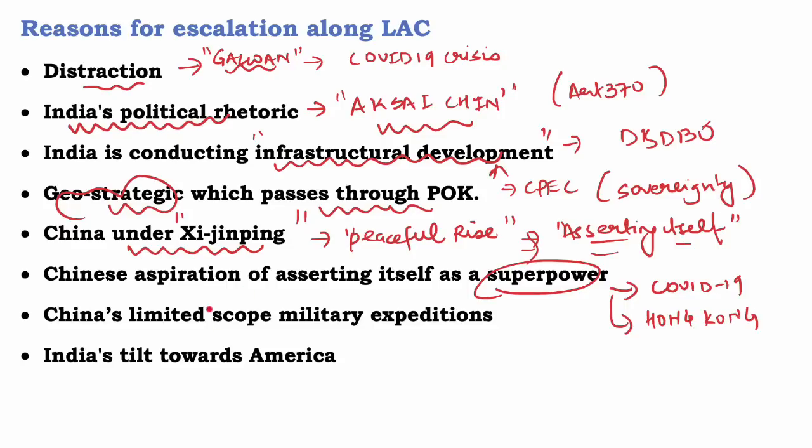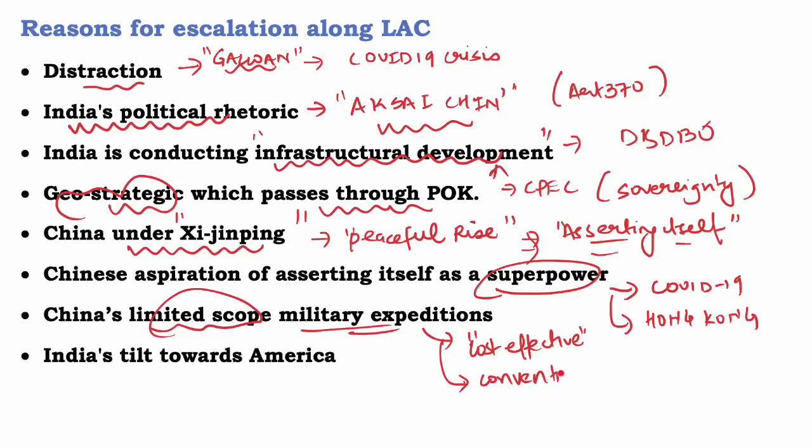Further, cost effectiveness is also highlighted as a reason for the step taken by China on the LAC. Because of the limited scope of the military expedition on the contested border, it is cost effective for the Chinese military, as such skirmishes will never provoke a full scale military response from India, and it is also very easy given the ever growing conventional military superiority that China has vis-a-vis India.